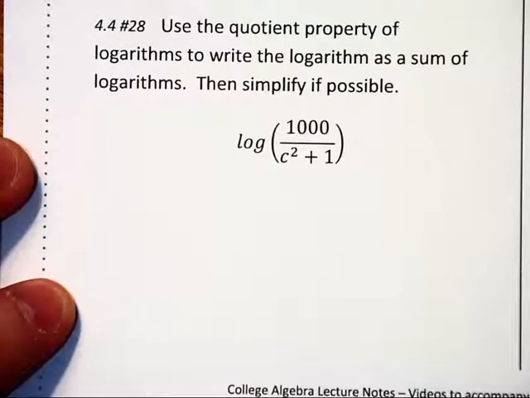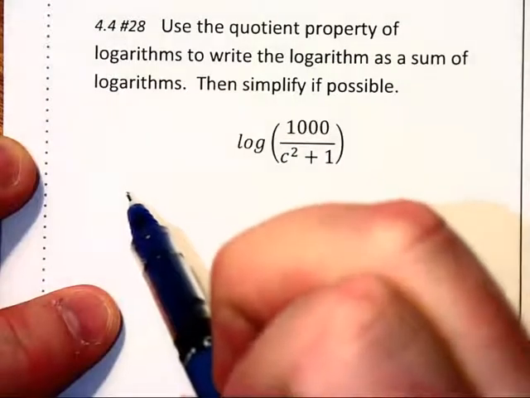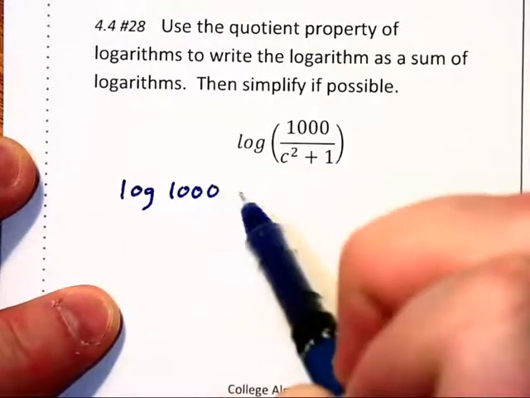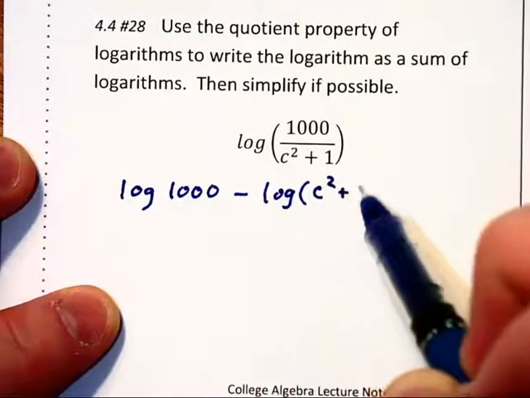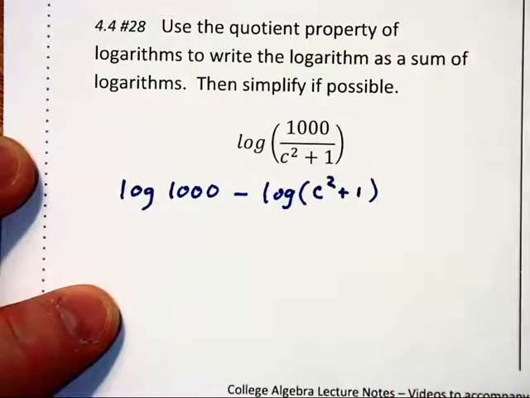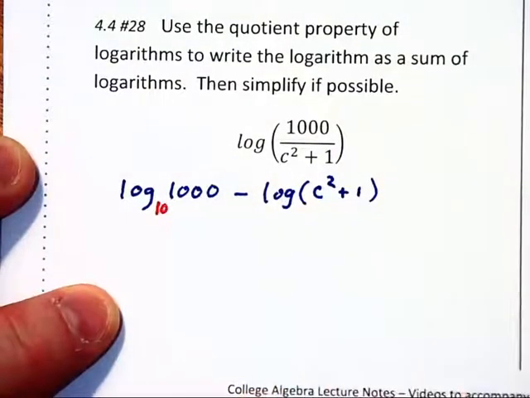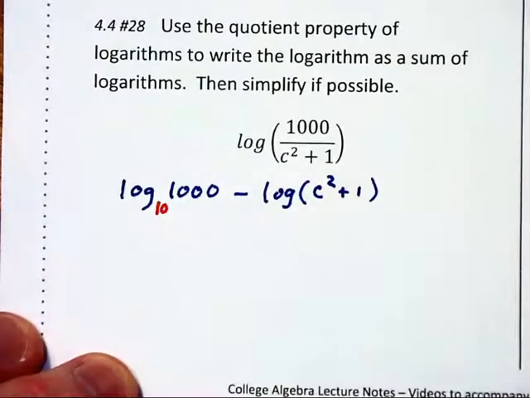Okay, in this next one we have another division problem which is going to turn into subtraction. We're going to have log of 1000 minus the log of c squared plus 1. Now, we mentioned earlier that the base of a common log is 10. And 10 to the third power makes 1000.